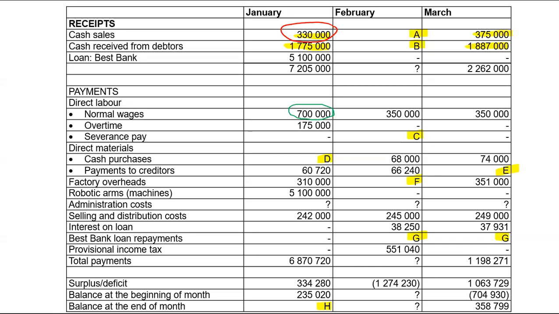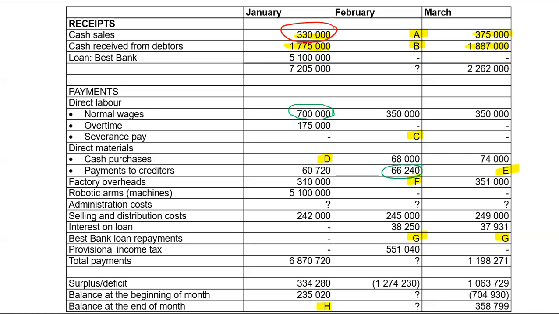What I have to do now is simply take my total purchases, which is not given, multiplied by 60%, which is the percentage of credit purchases. And when I multiply that by 92%, it'll give me the payment that will be made in February.